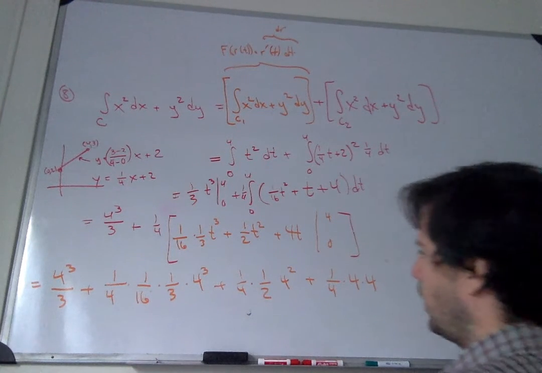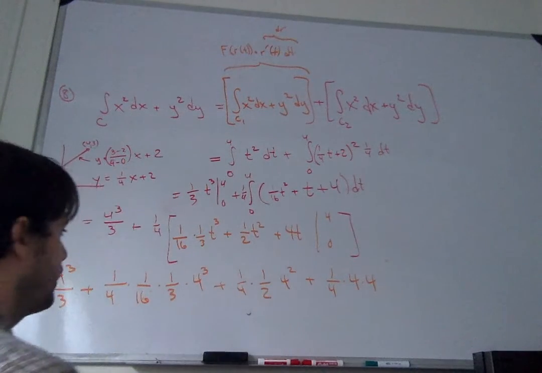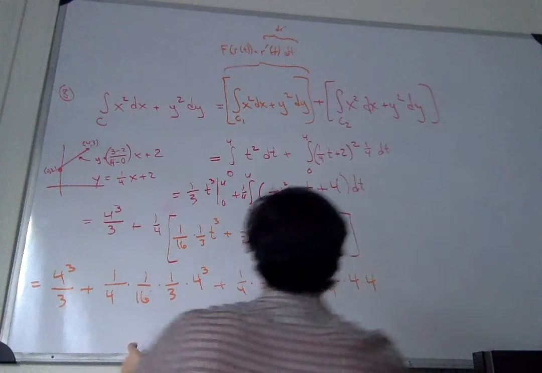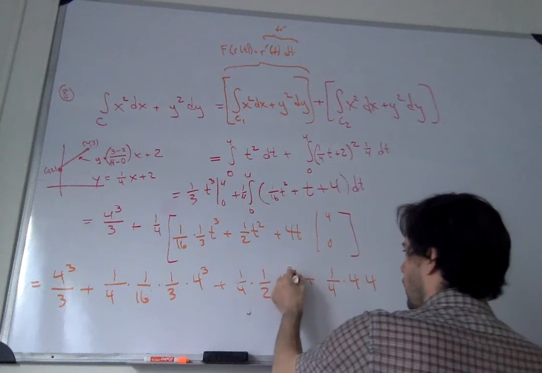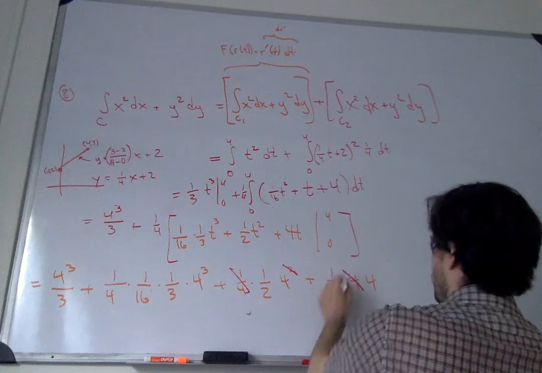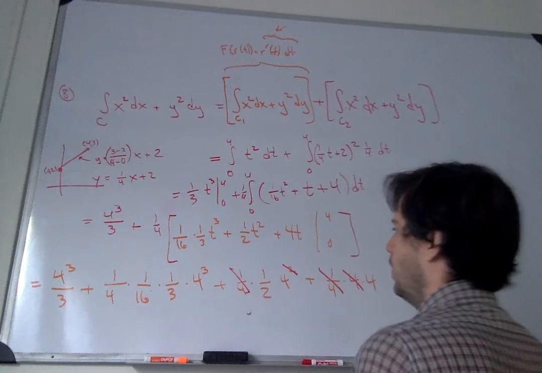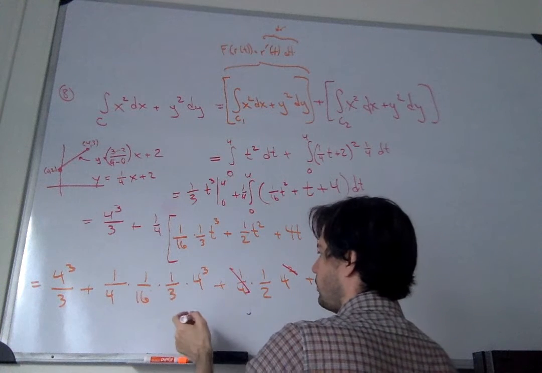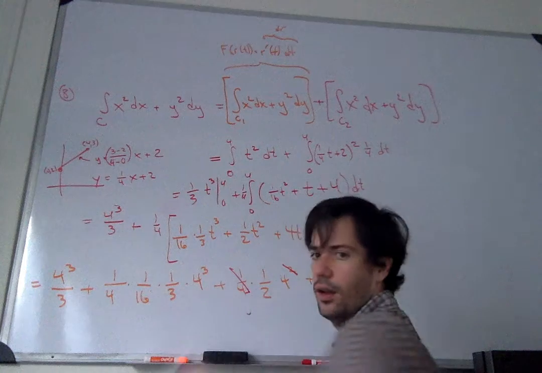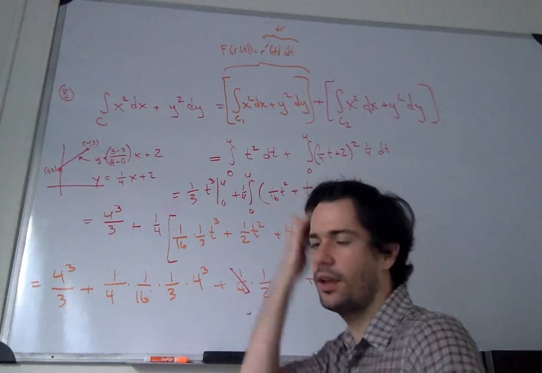Okay? And let's see if we can simplify anything. Let's see. So 1 power of that goes away with this. These cancel. 4 times 4 is 16.